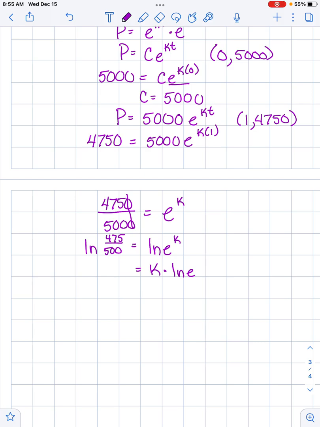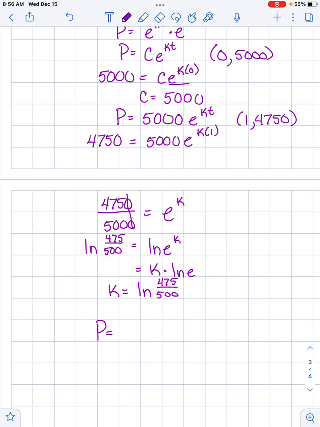And since we know the natural log of e is 1, we have just found the constant k. Don't find this as a decimal. There's no need. You're going to be using a calculator anyway, and if you find this as a decimal right now, that will be rounding, and then you'll be rounding again. And since we're talking about exponential growth, the more exact we can make it, the better.